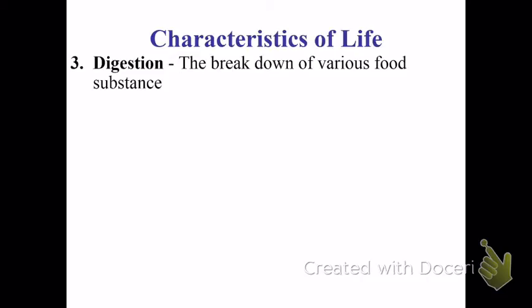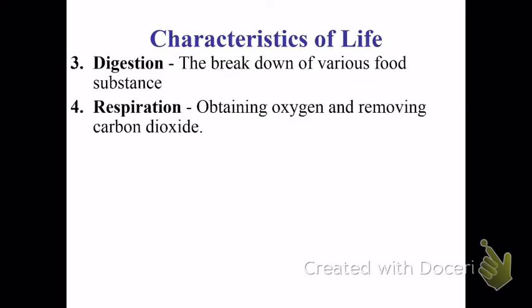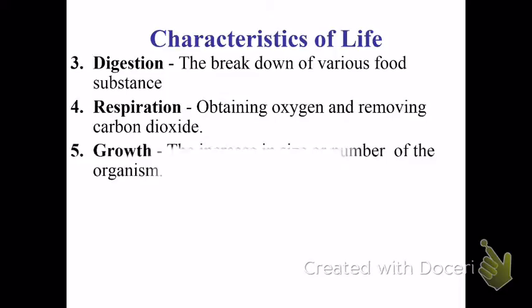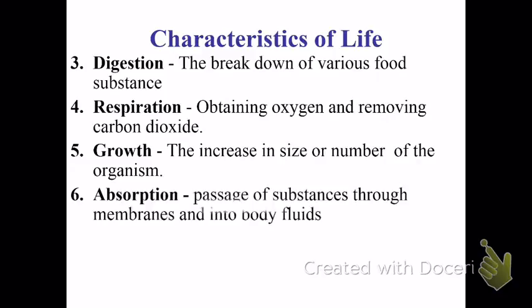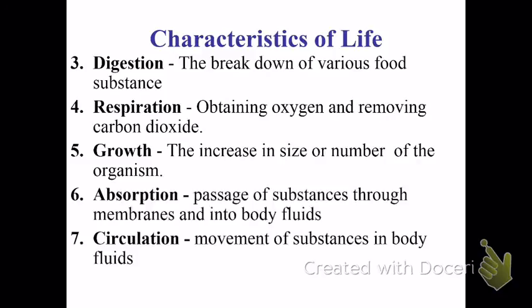digest, you have to be able to absorb the nutrients from the food. You got to be able to get the good stuff from the pizza. Okay, you have to be able to exchange oxygen. You have to be able to grow, absorb. So absorption, passage of substance through the membranes into the body fluid.